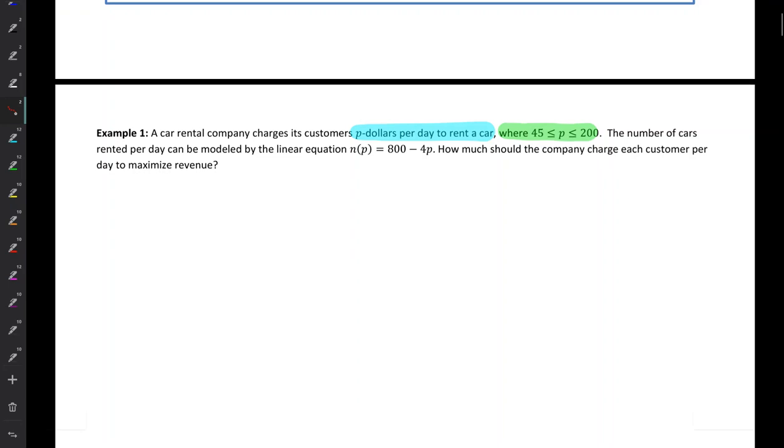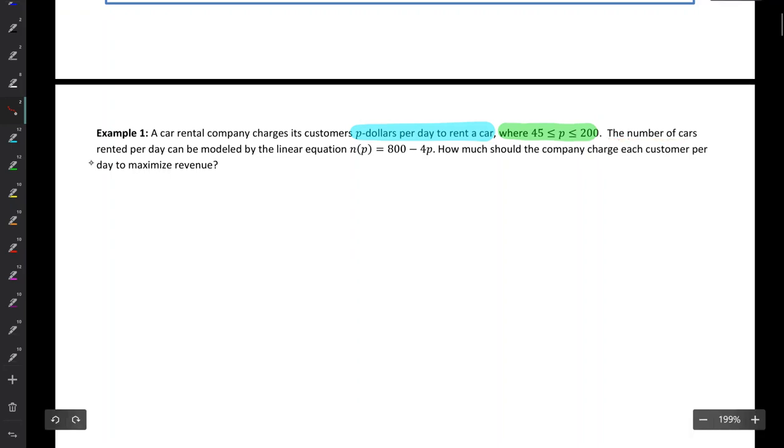There's a cost of business, and so maybe I have to charge at least $45 to break even. And then there's a max price, that is, if you charge beyond that, you're not going to get any business. All right, so that's where those numbers are kind of coming from.